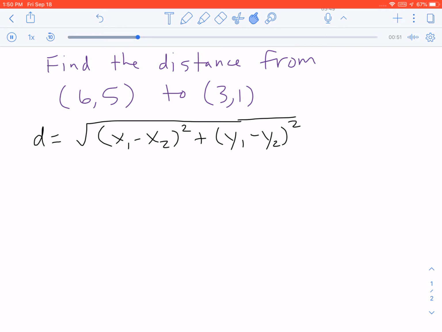Some people may be using the 2's first. I like using the 1's first myself. Both of those are actually okay, and you end up getting the same answer.